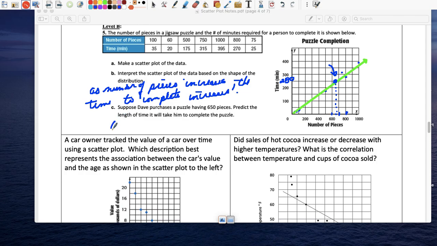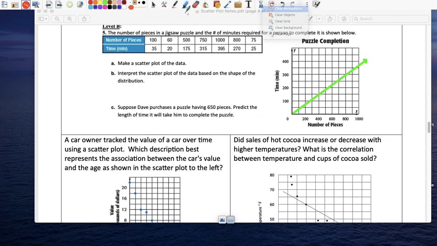So 650 pieces would take approximately 250 minutes according to our line of best fit. Okay.